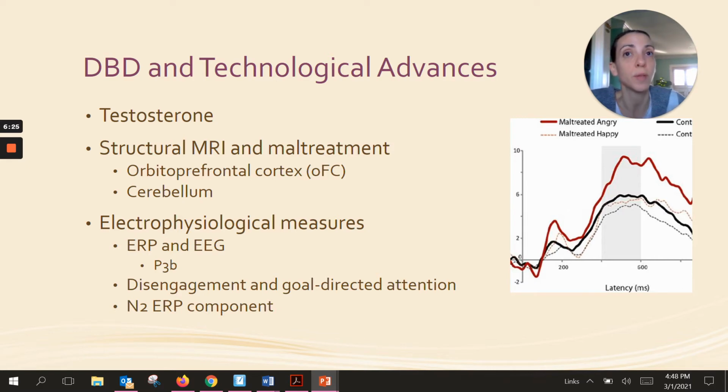They attend to them much longer and much more intensely than people who have not had these environmental factors. ERP and EEG: an event-related potential is a type of measure on an EEG, and it's time-locked to a specific stimulus. One aspect of this, P3B, is a good measure of selective attention on a task.